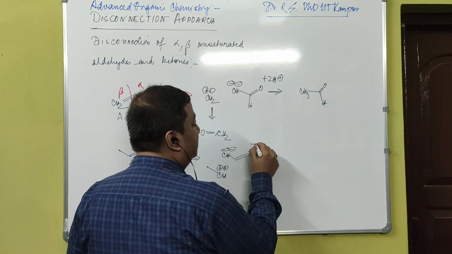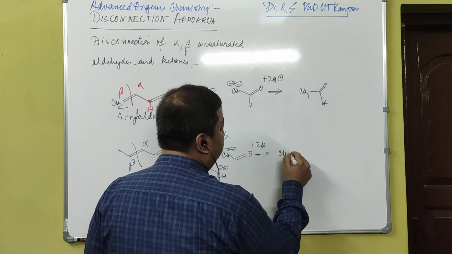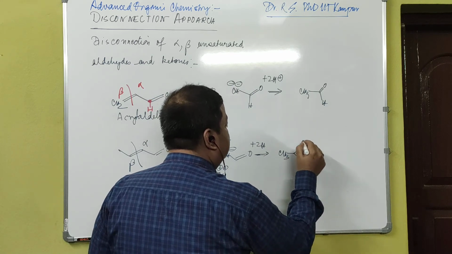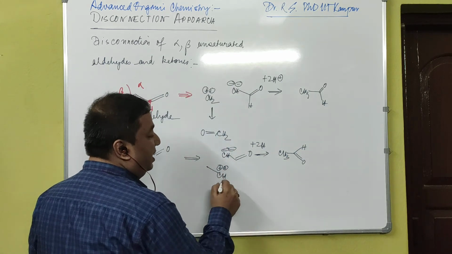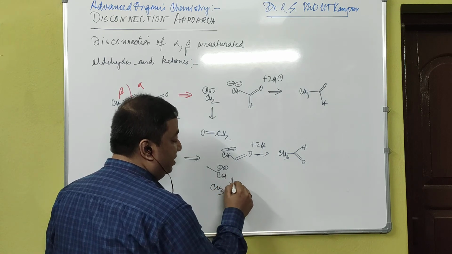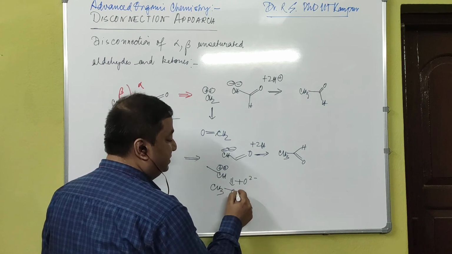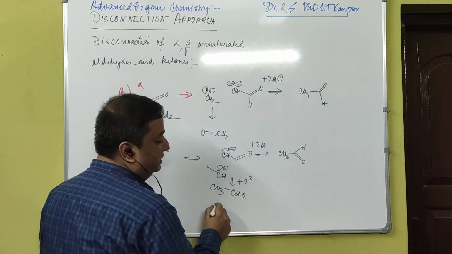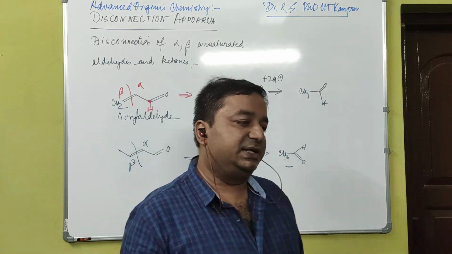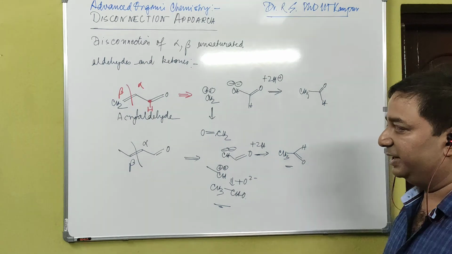What do you do? You add 2H plus, so this becomes CH3CHO, and that becomes CH3CHO after addition of O2 minus. So these two molecules, or simply the acetaldehyde combining with another acetaldehyde, gives you crotonaldehyde.